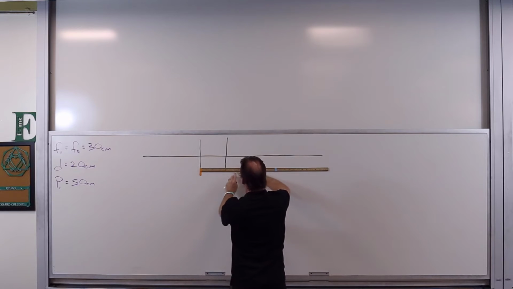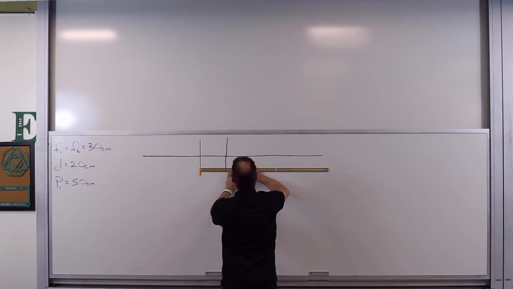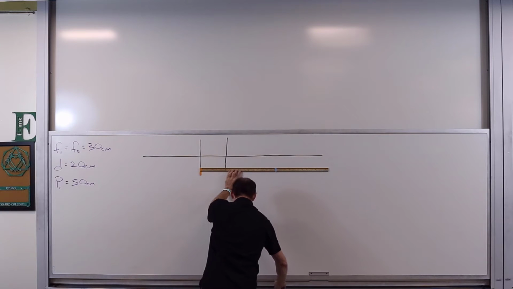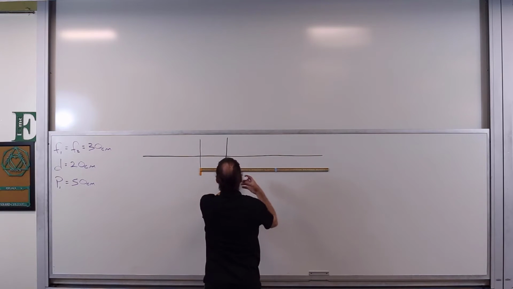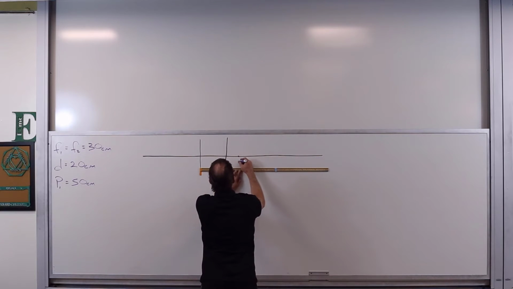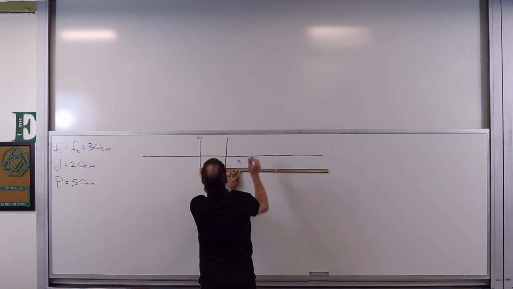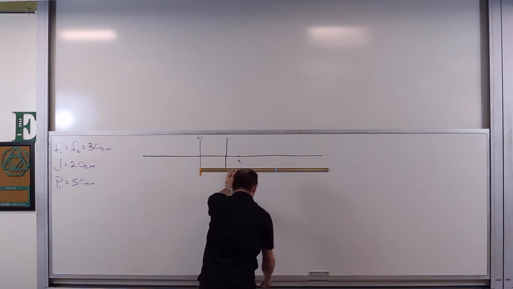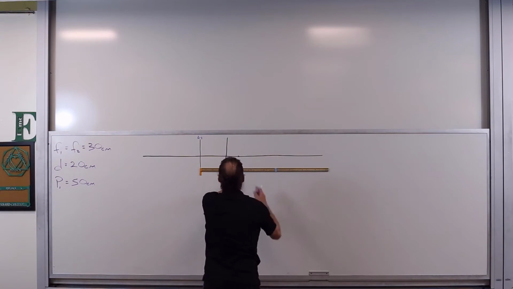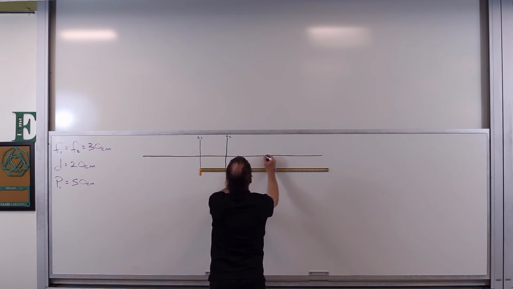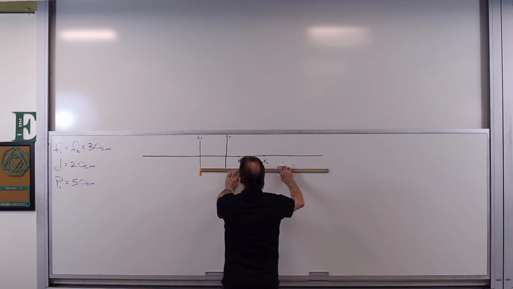The focal length of each lens is 30 centimeters. So I'm going to do these with different colors. This is f1, 30 centimeters from lens number 1, L1. And then we've got f2, which is 30 centimeters from this lens, L2, so 10, 20, 30. And there is f2 on that side.